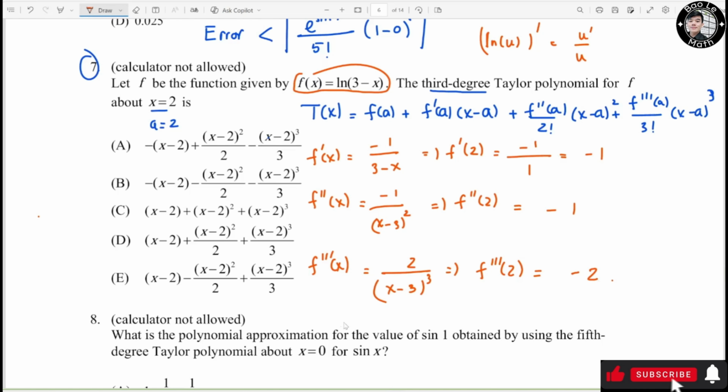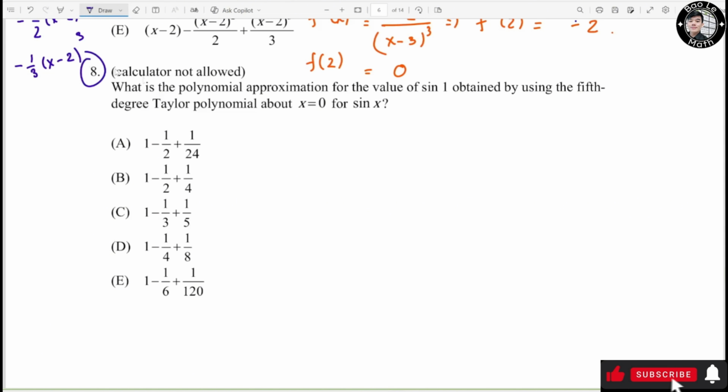Now don't forget to calculate f of 2. It's ln of 1, which is 0. So we substitute these values into the formula and substitute 2 for a. Then we end up with the answer B.